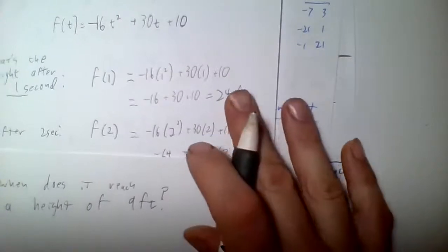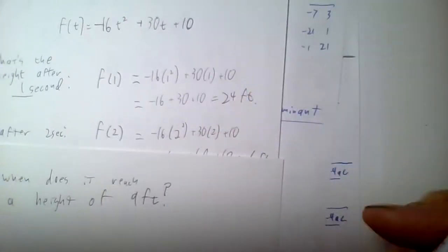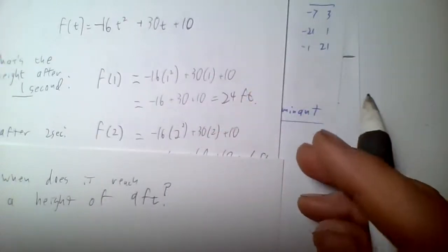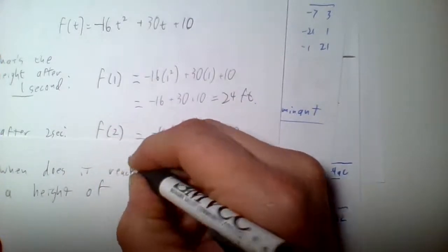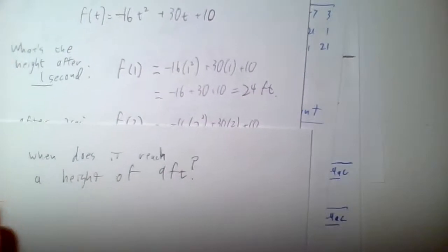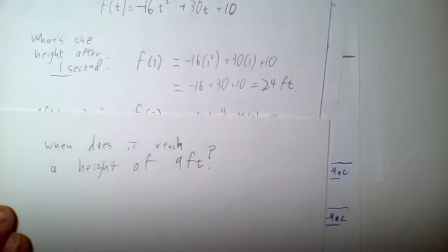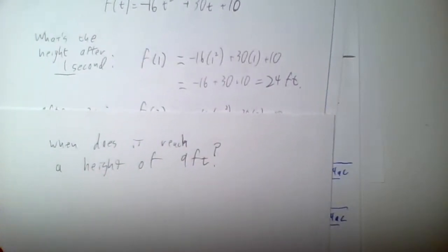Same basketball coming off the rim, going up super fast because it bounced high. When does it reach a height of 9 feet? If it's short people that aren't super athletic like most of us, our best hope to get this rebound would be to be there when it gets to 9 feet or so. That's where we're going to try to grab it.